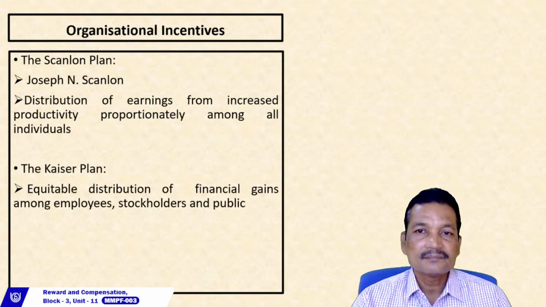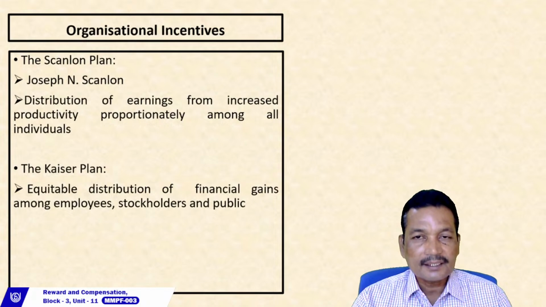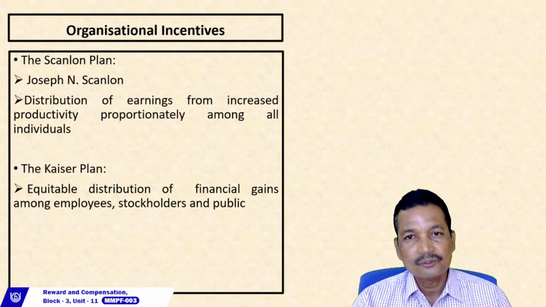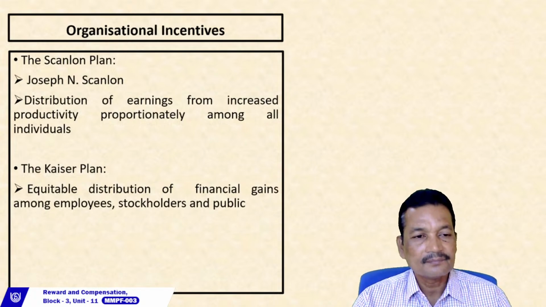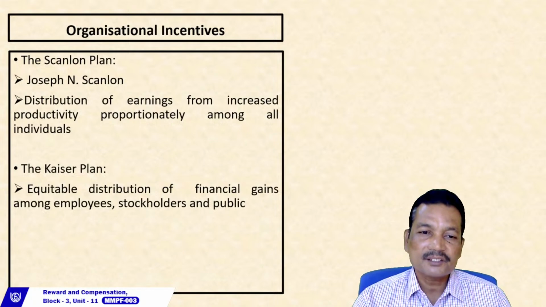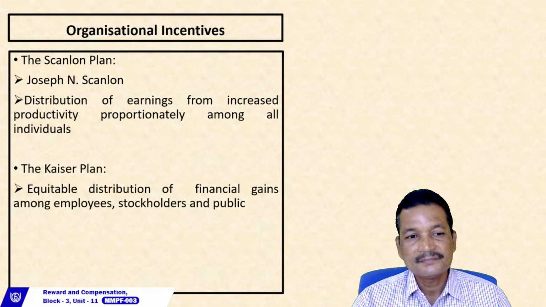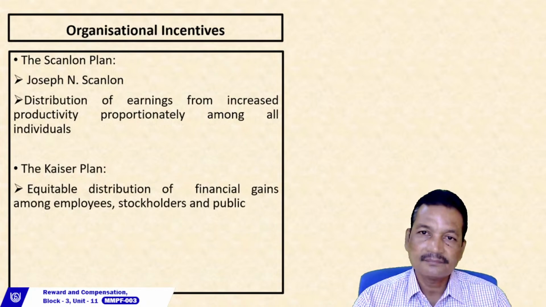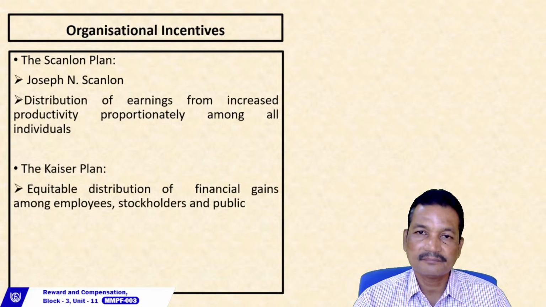Another is the Kaiser plan. Here it tried to expand the horizon of the incentives. It said there should be an equitable distribution of financial gains among the employees, the stockholders, and the public.